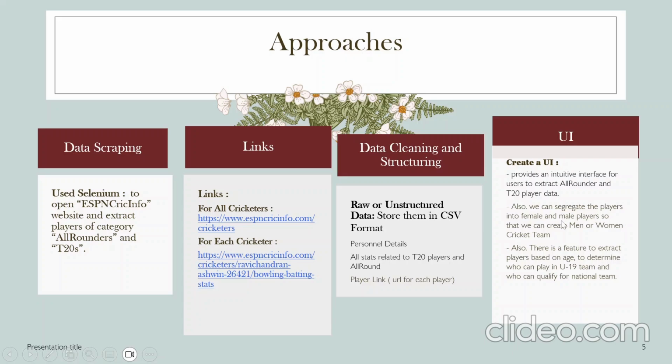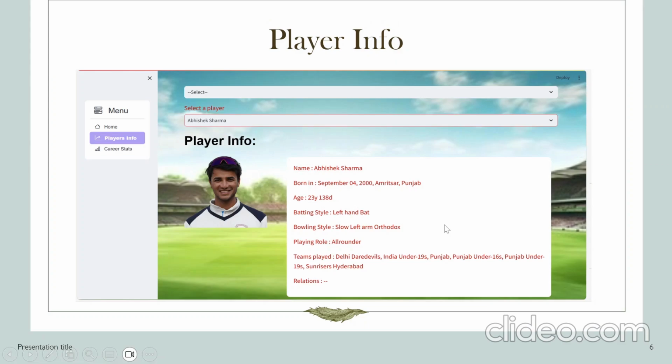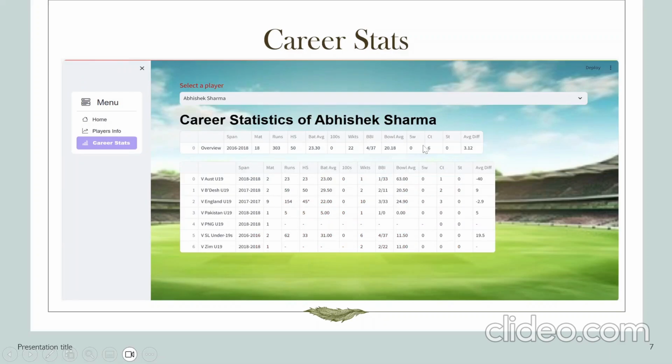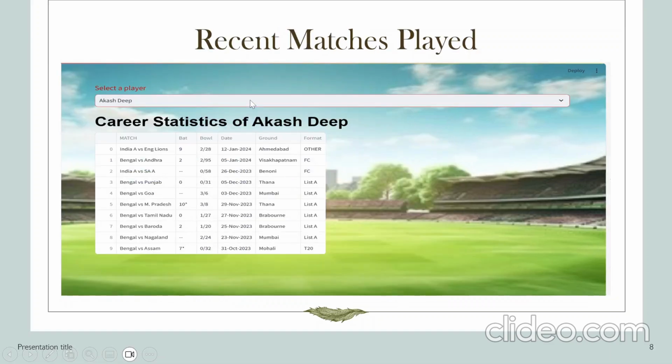And then I have created the UI, and using Python the data has been converted into CSV format. Like I showed you, on clicking the drop down menu and selecting any player, we can see the player info and his image, and these are the career statistics that I have shown you just now.